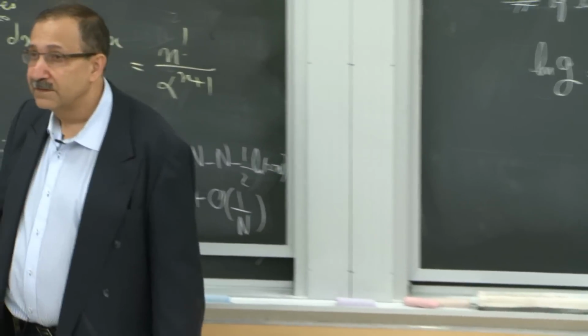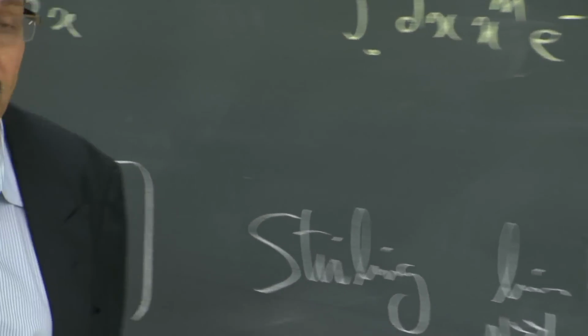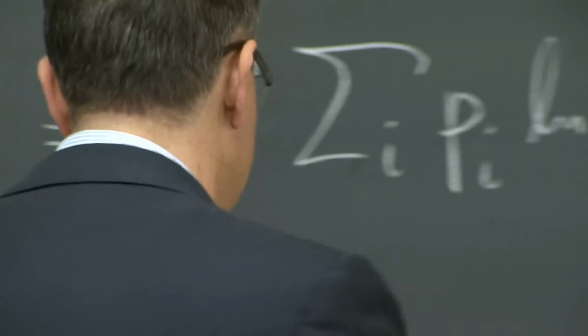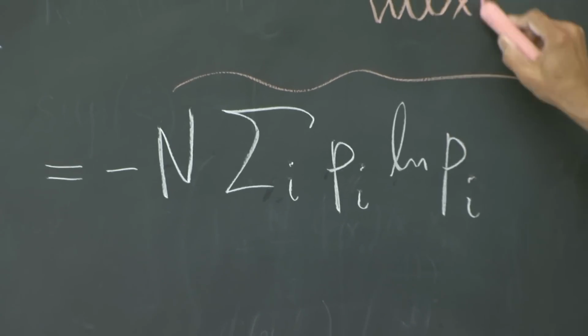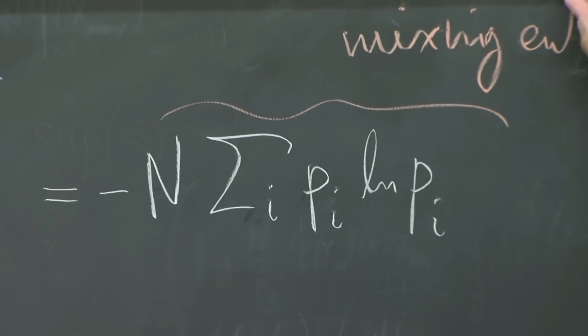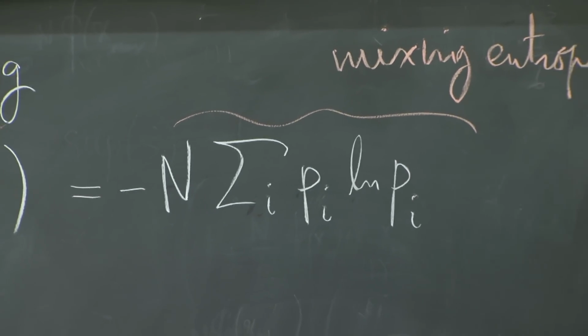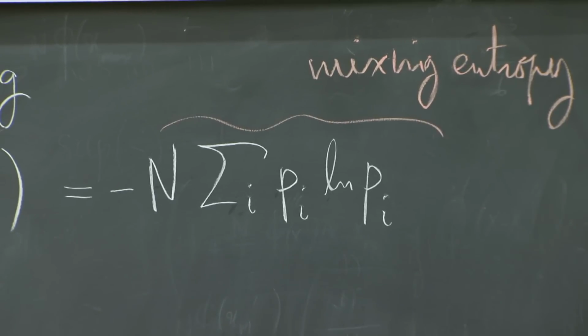Now, just as an excursion, this is something that you've already seen, hopefully. This is also called mixing entropy, and we will see it later on also.